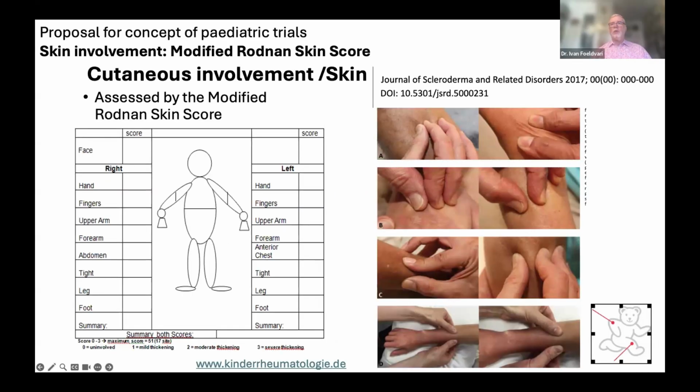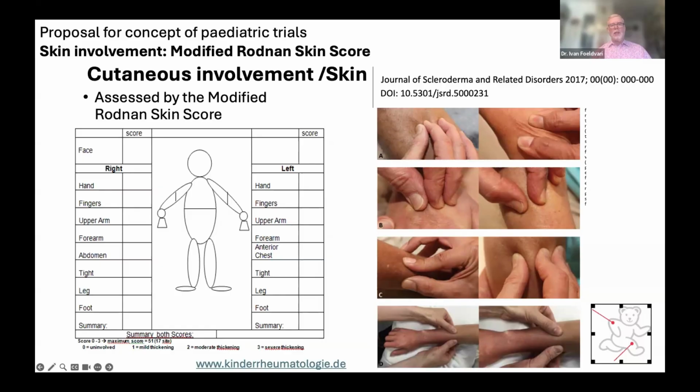Regarding skin involvement, I wanted to show this image. Perhaps you all know this is the modified Rodnan skin score. Here you have the different anatomic regions where you score the skin. On the right, you can see this is totally normal, where you can make a real nice skin fold. And here basically you have a skin score of 3 when the skin is totally tight.